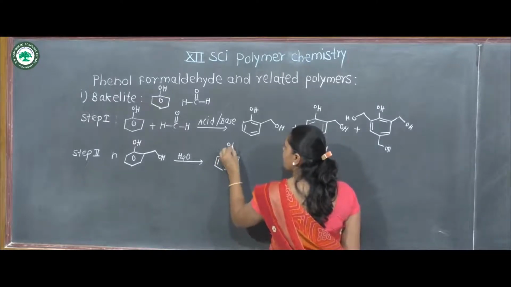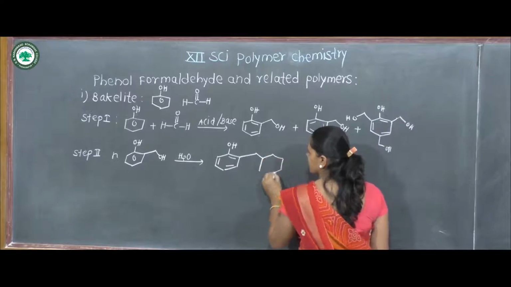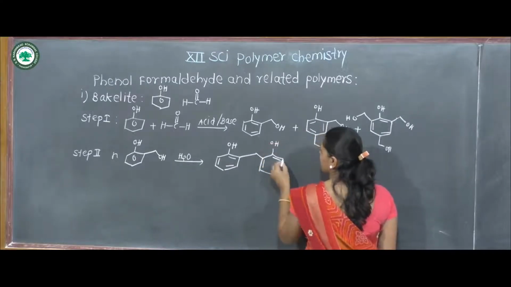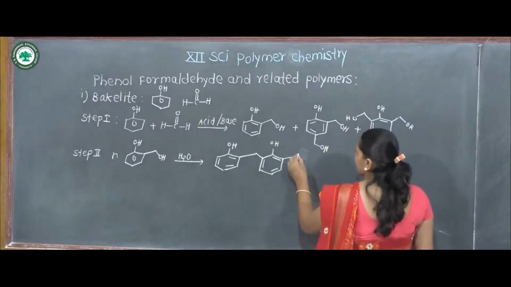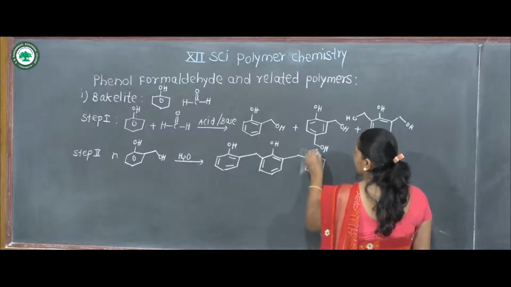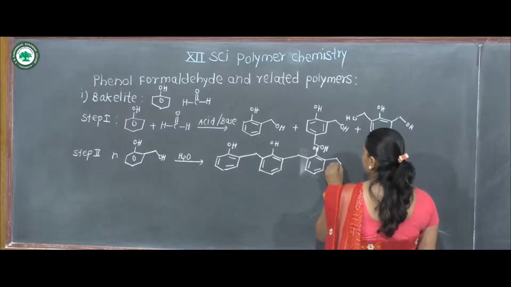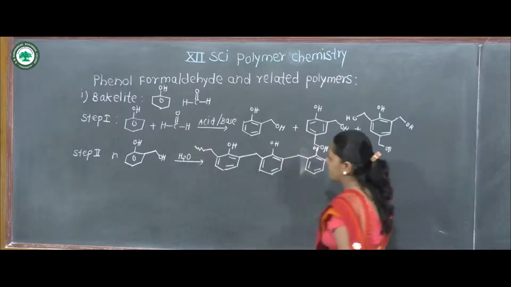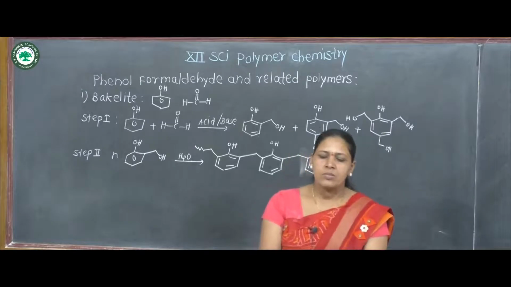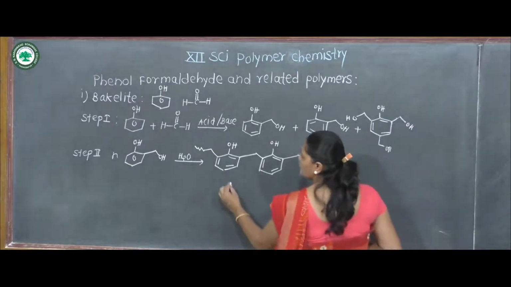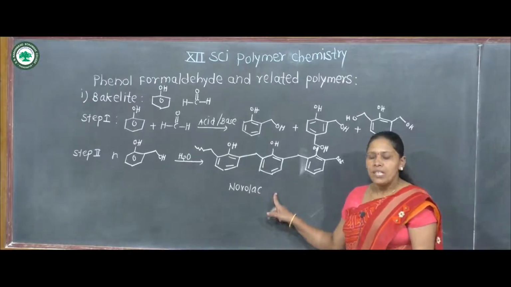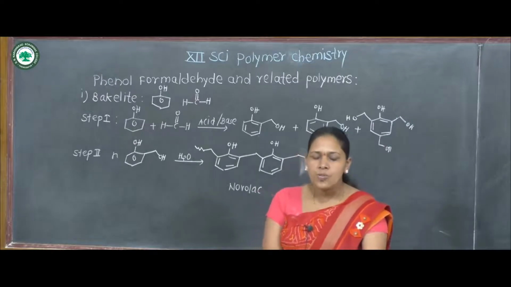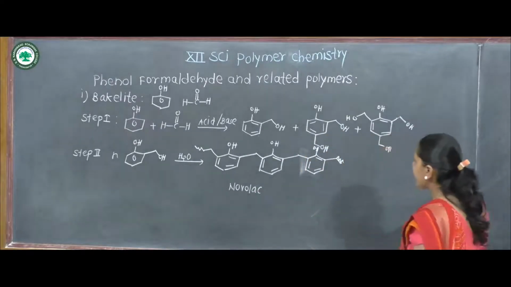It is also one of the polymers. This is Novolac. In the third step, this Novolac polymer again undergoes polymerization to form bakelite.